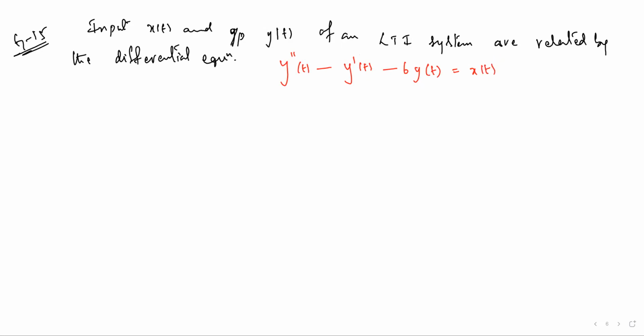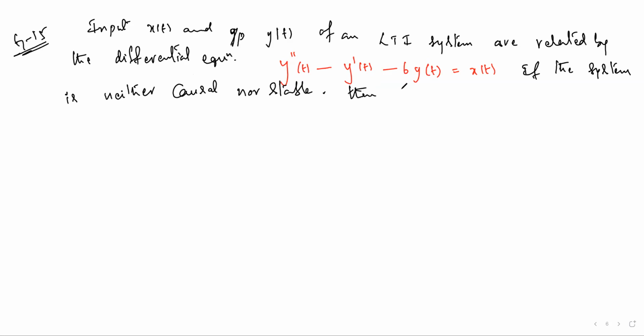If the system is neither causal nor stable, then the impulse response of the system is? Options are given like this.